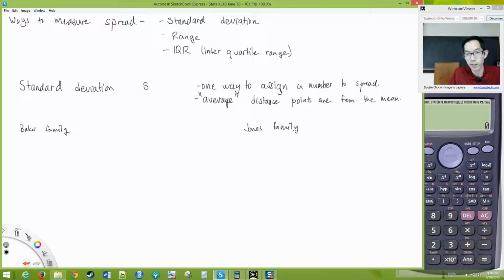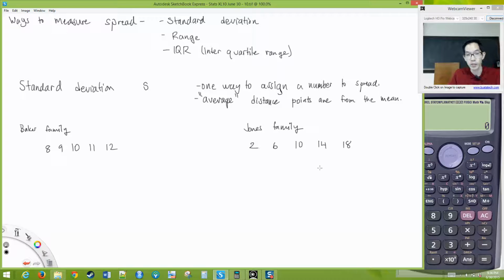They each have 5 kids. All right, so let's say in the Baker family, the kids are 8, 9, 10, 11, 12. In both families, I will say that the average age is 10.